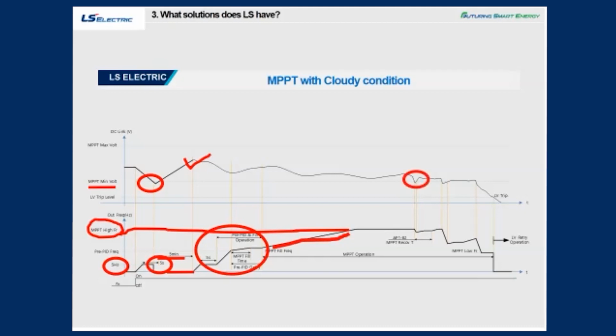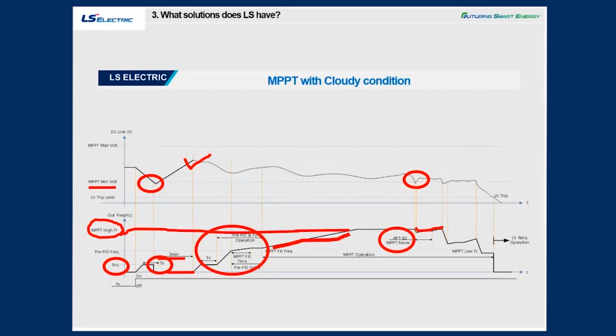If the DC voltage is lower than the MPPT min voltage in a cloud-passing condition, the drive decreases the alpha frequency instantaneously and gradually accelerates during the set MPPT recovery time.